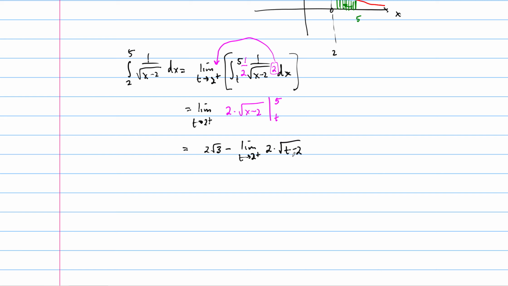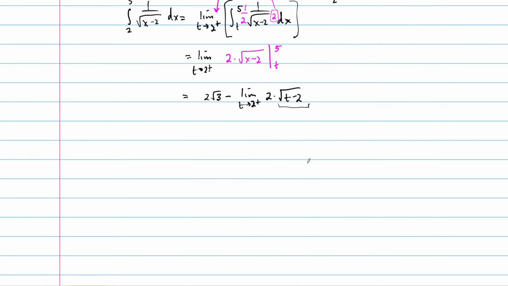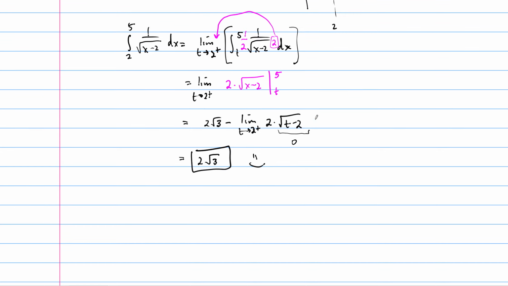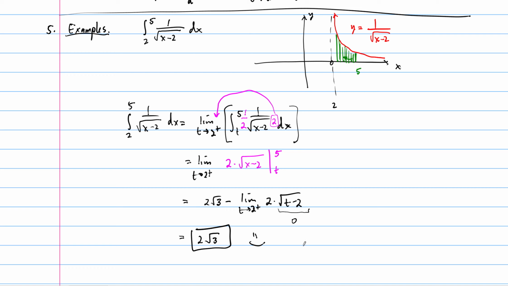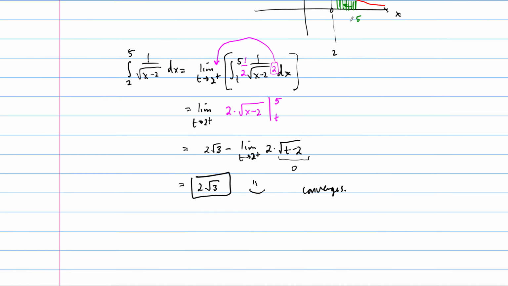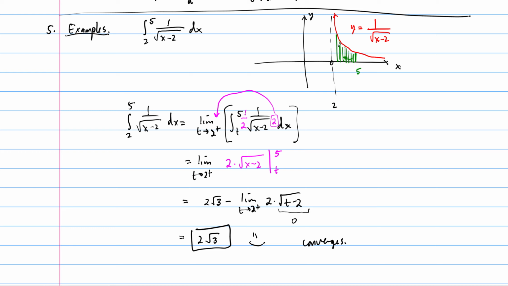As t approaches 2 from the right, this term becomes very close to 0, so this goes to 0. And so this whole limit is 2 root 3, and it worked. So we got it. This one converges, in other words. Whenever you get an answer, it means it converges. So that area inside of that little wedge right there, that's a finite area for this example.